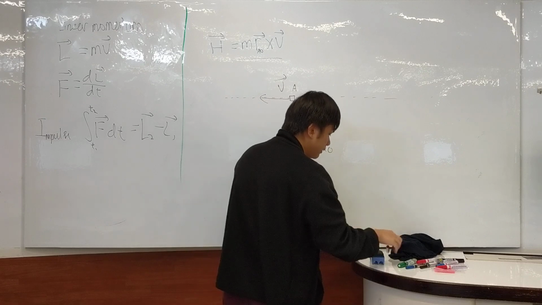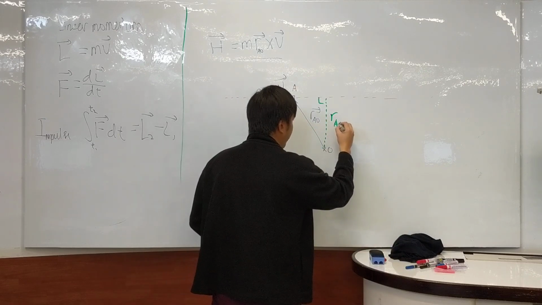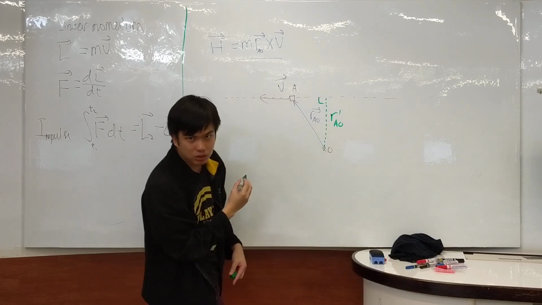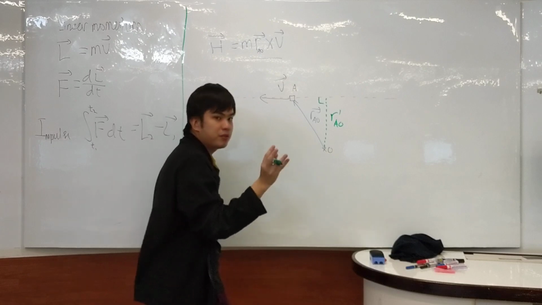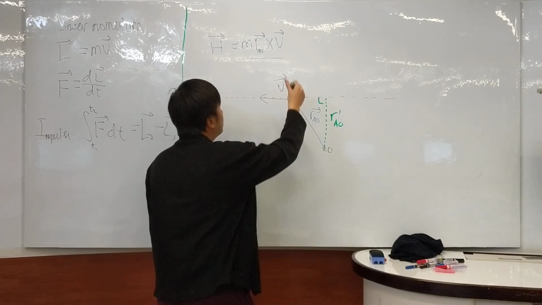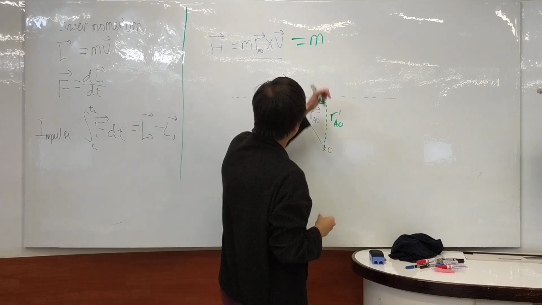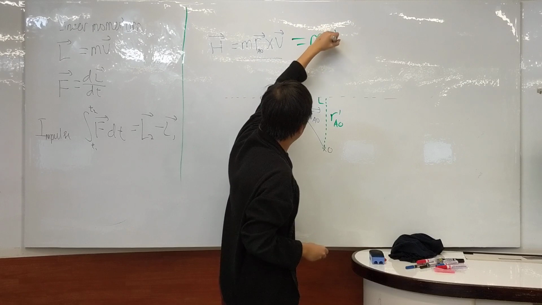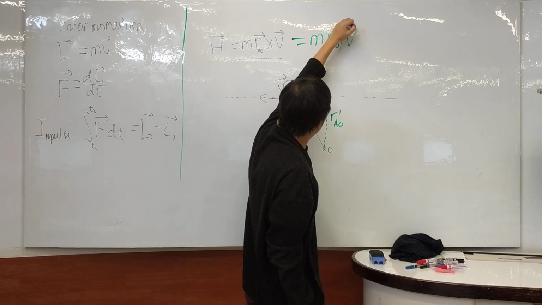We denote this length here as R prime AO. Please take note, I say length, so it's a scalar quantity. And this equation can now be simplified into mass times R prime AO scalar times the absolute value of the velocity.